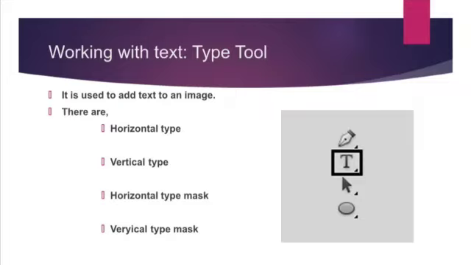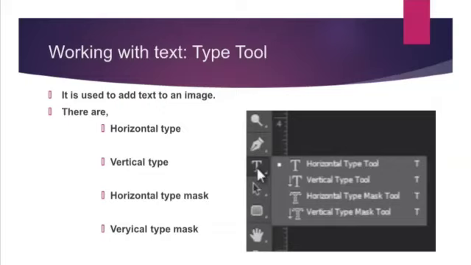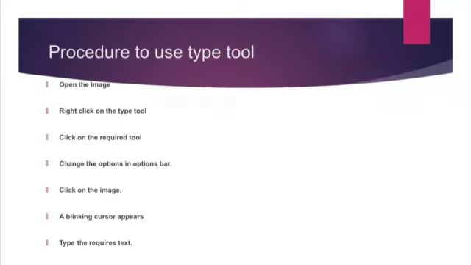It creates only the outline of text. Then the vertical type mask is used to create text vertically on an image. It creates only the outline of text. So these are the different types of type tool. Any one of them can be selected.